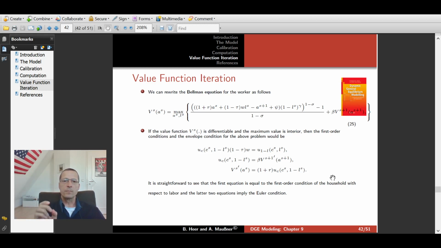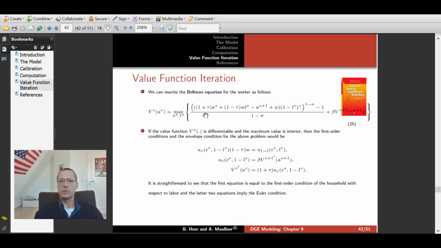Then we can use the method that we know from calculus, from analysis, and differentiate the function inside the curly brackets with respect to the controls LS and consumption CS, and derive our first order conditions, which are the first two equations here.